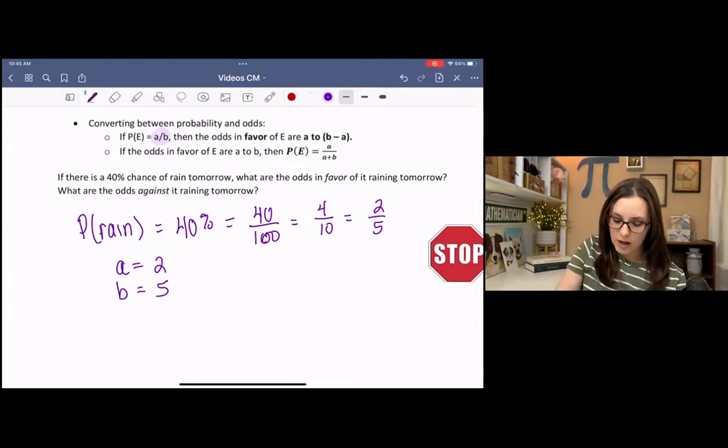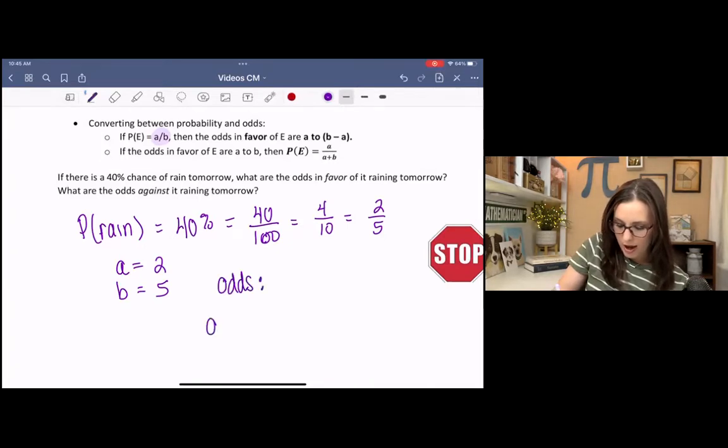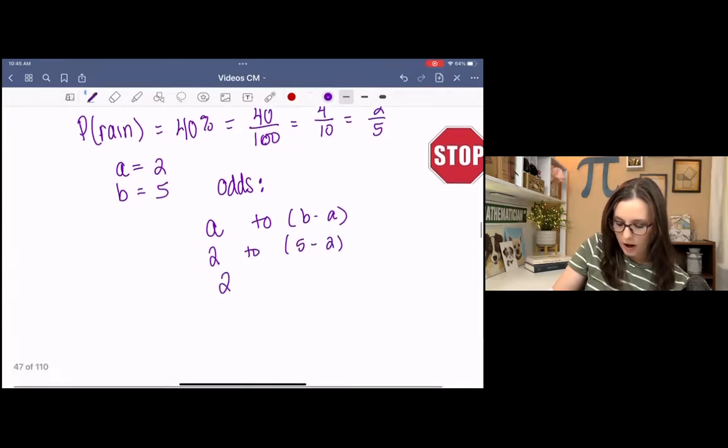And then this next part says the odds in favor of the event, so rain, are A, which is 2, to B minus A, which is 5 minus 2. And then we simplify: 2 to 3.